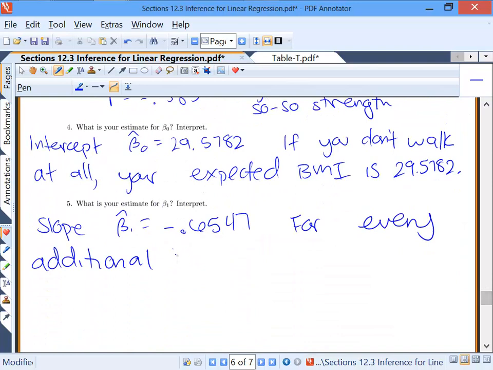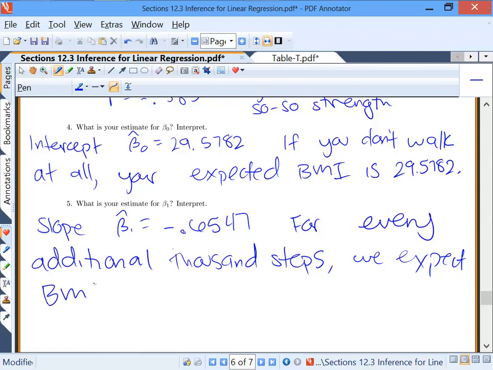So for every additional 1,000 steps, we expect the BMI to decrease by 0.6547.